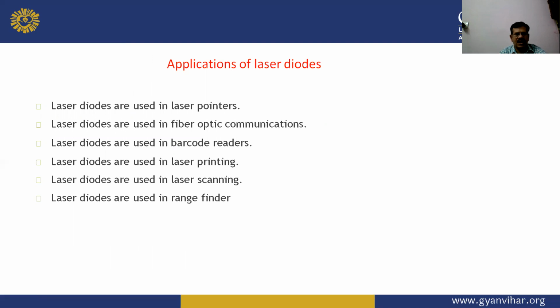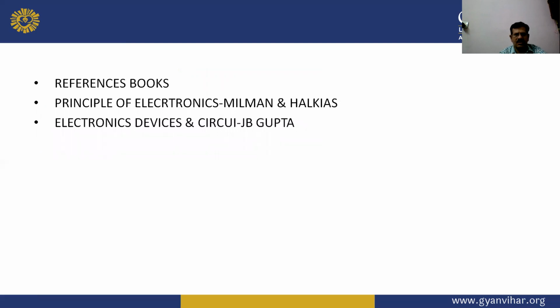The first is that laser diodes are used in laser pointers. Second, laser diodes are used in fiber optic communication, and also in barcode readers, and also in laser printing, laser scanning, and range finders. These are some applications of the laser diode.